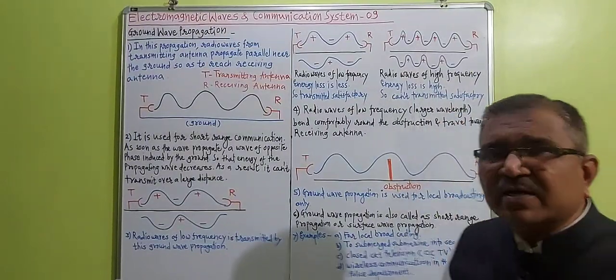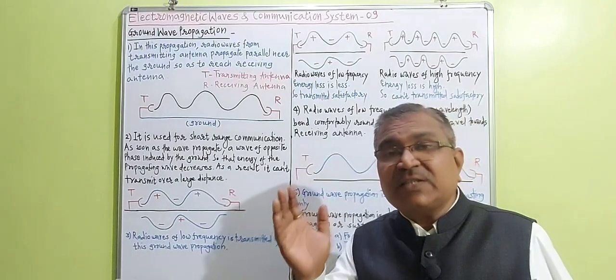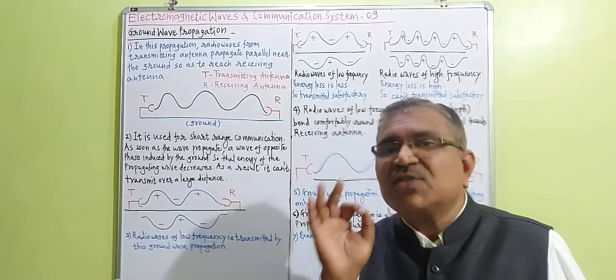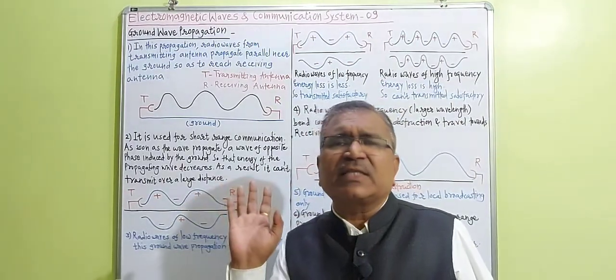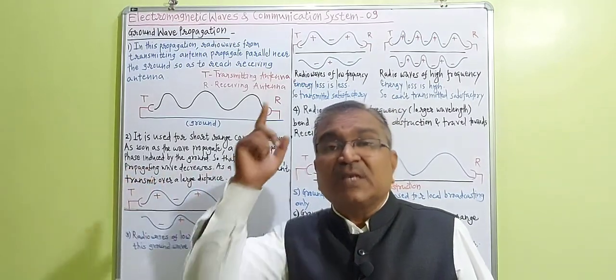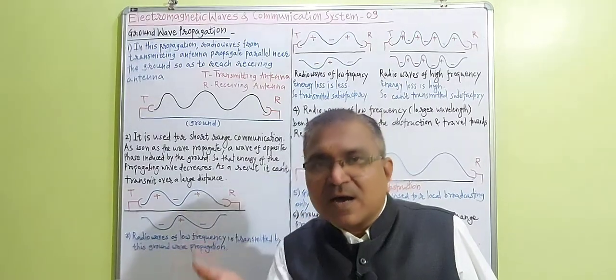Energy loss is high when the frequency of the propagating wave is high, and so such a wave cannot propagate satisfactorily. They can't transmit up to the receiver if the frequency of the radio wave is high.